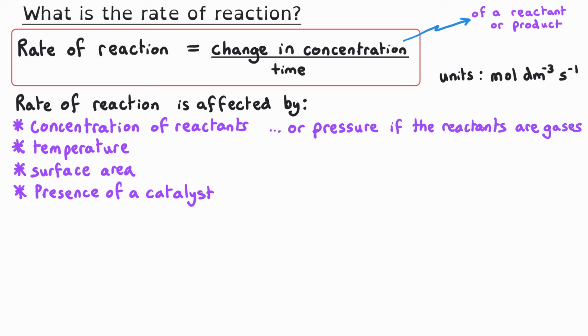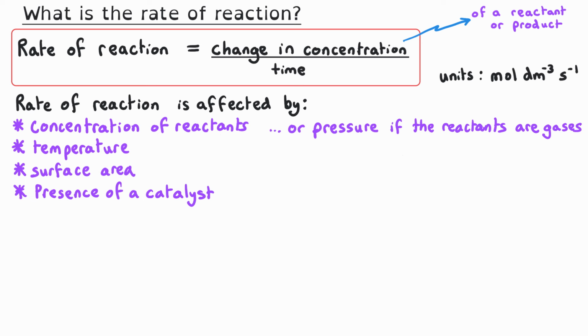And if the reactants are gases, pressure will also have an effect on the rate of a reaction. This is very similar to concentration, since both pressure and concentration are linked to the number of particles per unit volume. If we know the change in concentration for a reaction and the time that the reaction takes, we can calculate the rate of the reaction.